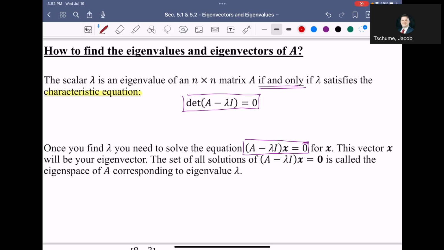So what I'm going to state now is that the set of all solutions of A minus lambda I x equals 0 is called the eigenspace of A corresponding to an eigenvalue lambda. So if somebody asks you for the eigenspace of an equation, it wants every single eigenvector that exists. Now, the good news is that we know how to write infinitely many solutions as vectors. We're going to bring that back up in a minute when we work our first few problems.